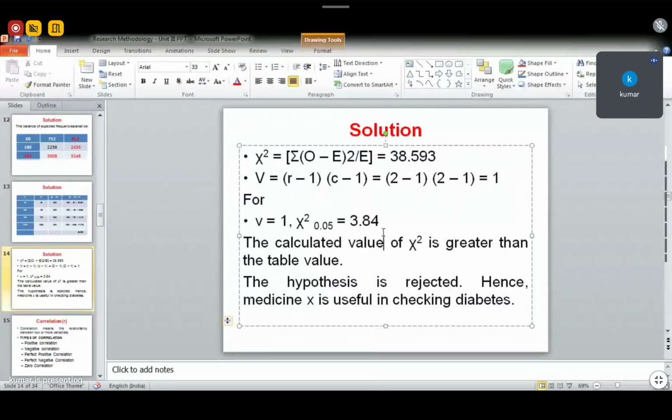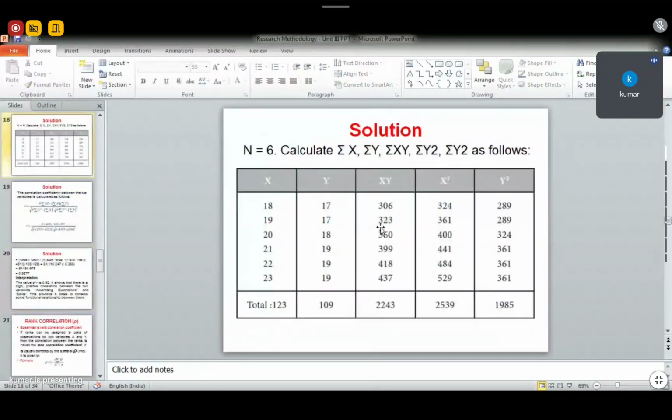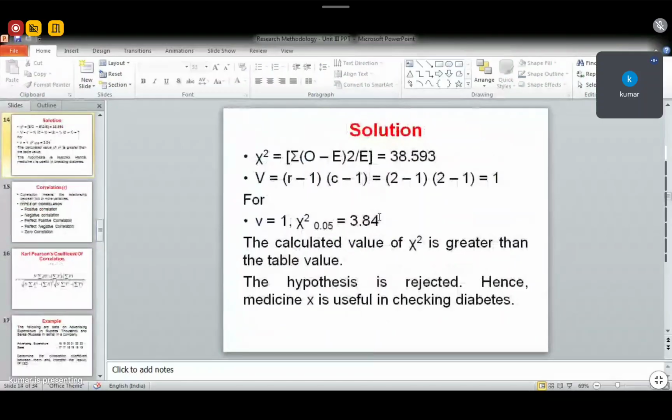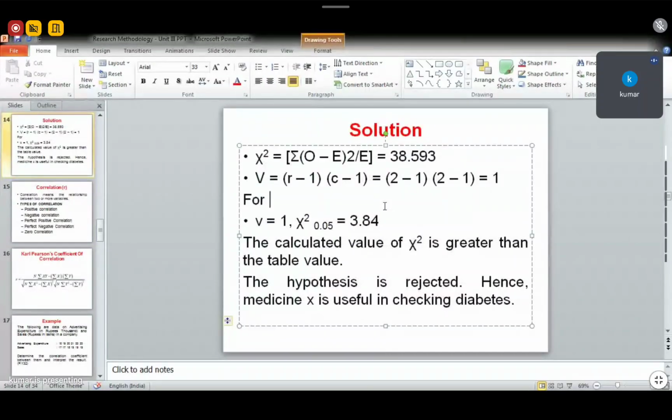Now we have to refer to the chi-square table to find out the table value, and based on the table value only we can make a conclusion. The table value will always be given in the examination question paper itself. If at all it is not given, let me explain how this value is to be found out from the table. Before that, let me conclude this problem and go back to the table now.